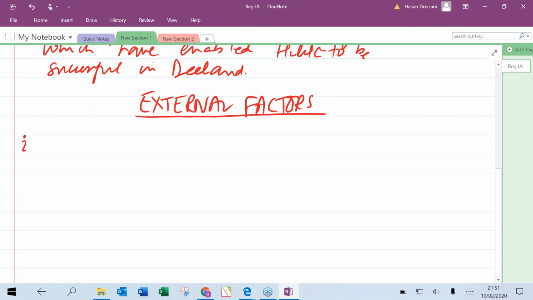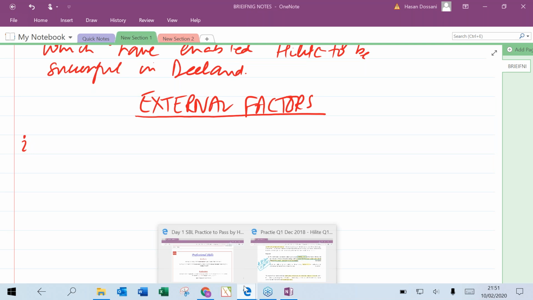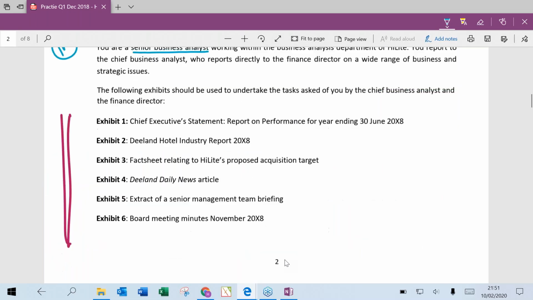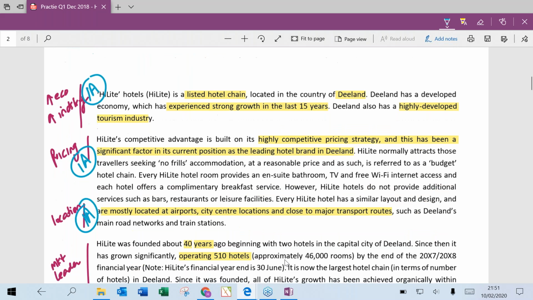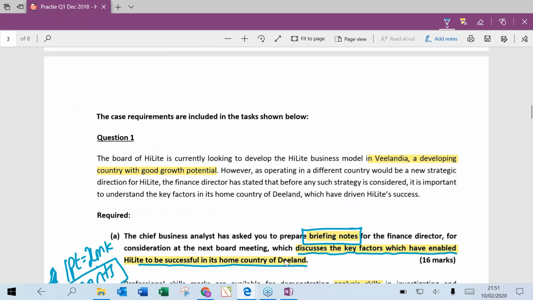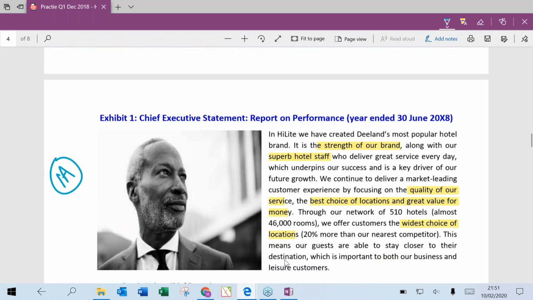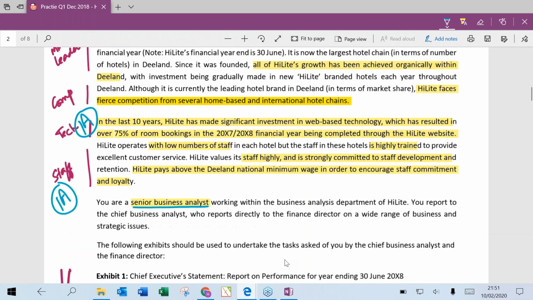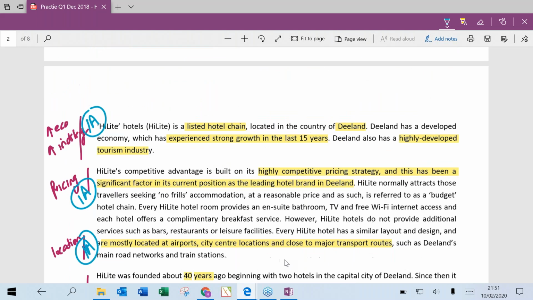And then I would go to my referencing, the notings which I have done. I remember something in the exhibit initially in the introduction. Here, 1A, it says that they experience strong economic growth, high developed tourism industry, external factor.